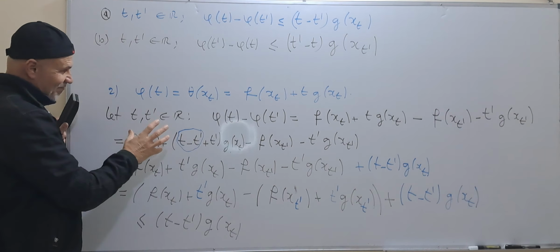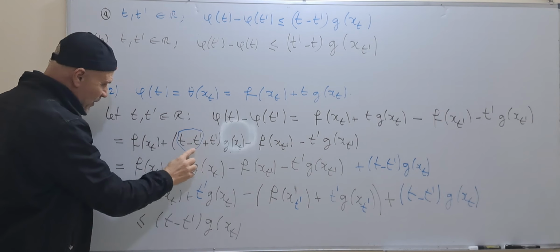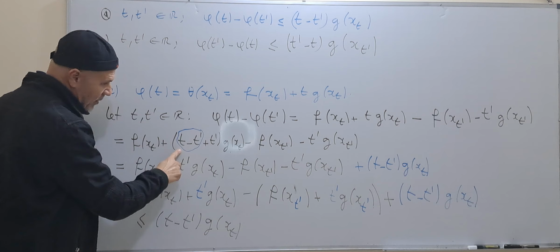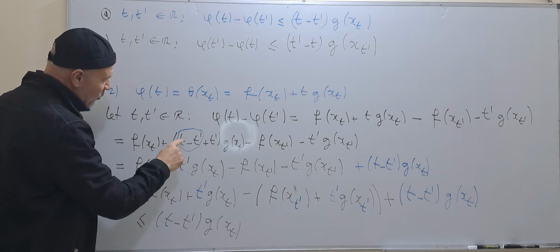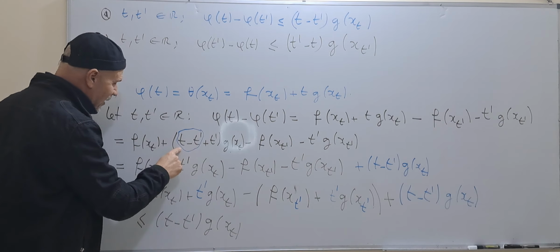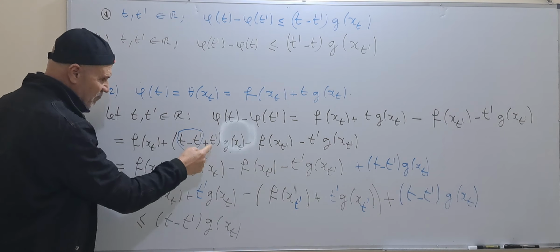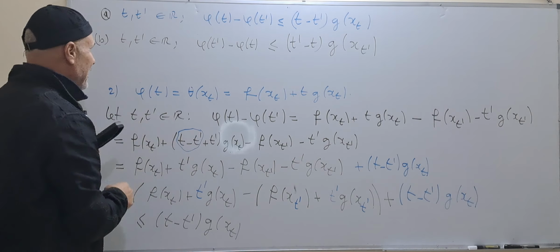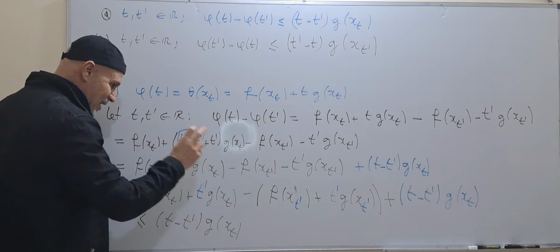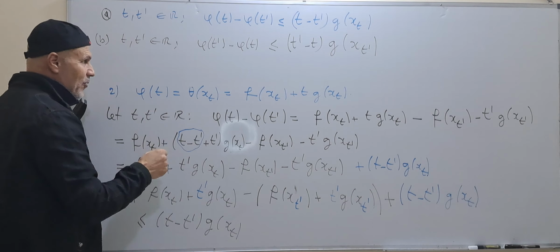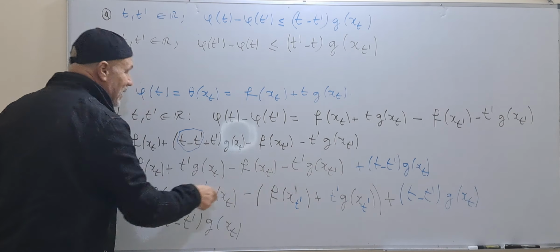Trust me, if we replace here, we replace t prime by t prime minus t plus t, the same, symmetry, we will get this. And for the same reason, we will get that it is less than or equal, since this is negative.